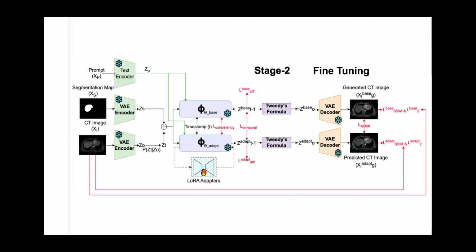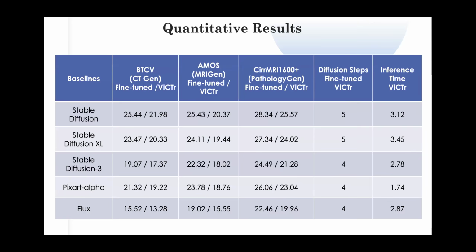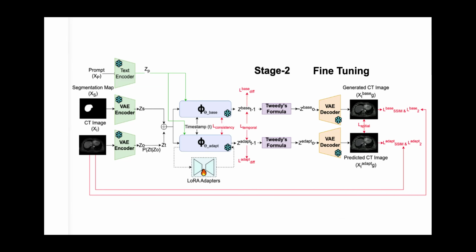Then this part is not related to the mild or severe that we just discussed? Exactly. There are two different things we have shown in this paper. One is the complete generation from the segmentation map, where I try to generate the whole CT or MRI image.